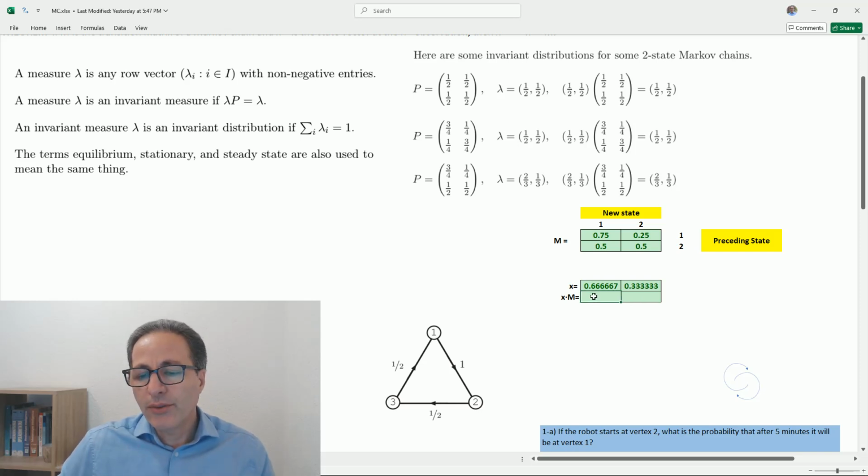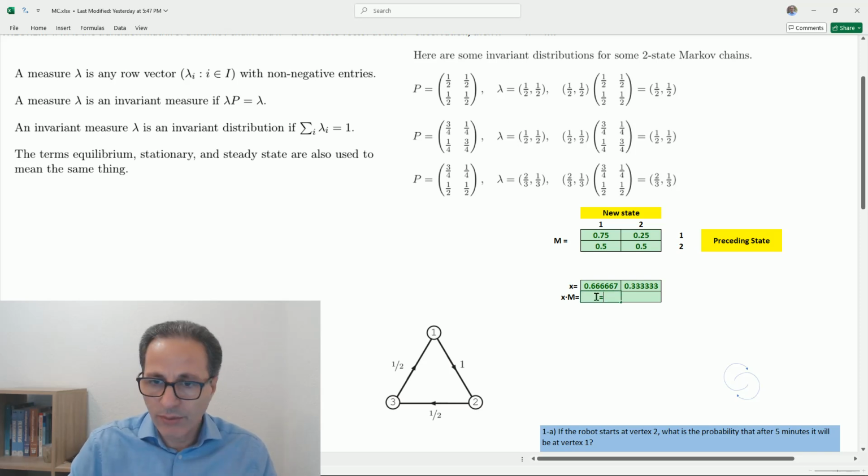And here we try to multiply matrix M by this vector X and check whether we are going to get the same vector X or not. If we get the same, it is invariant. It's not changing.